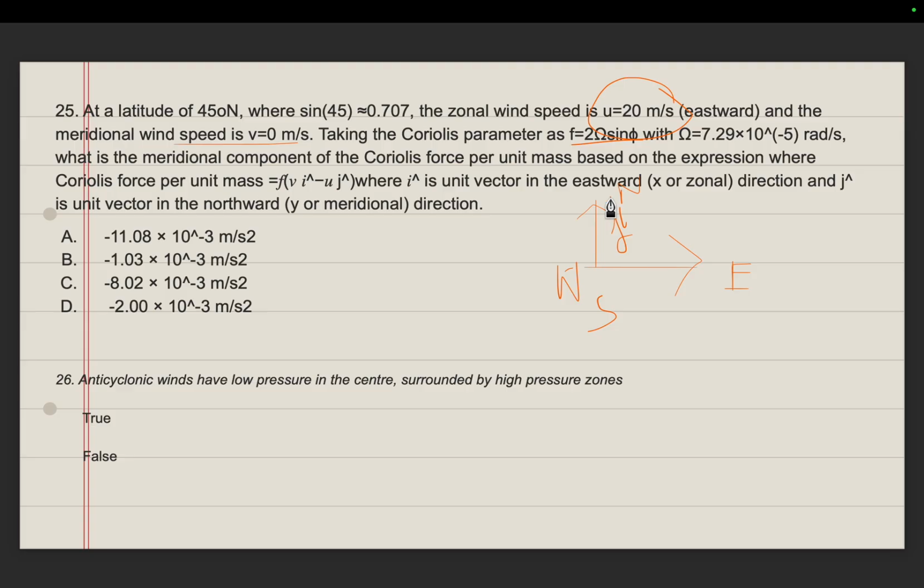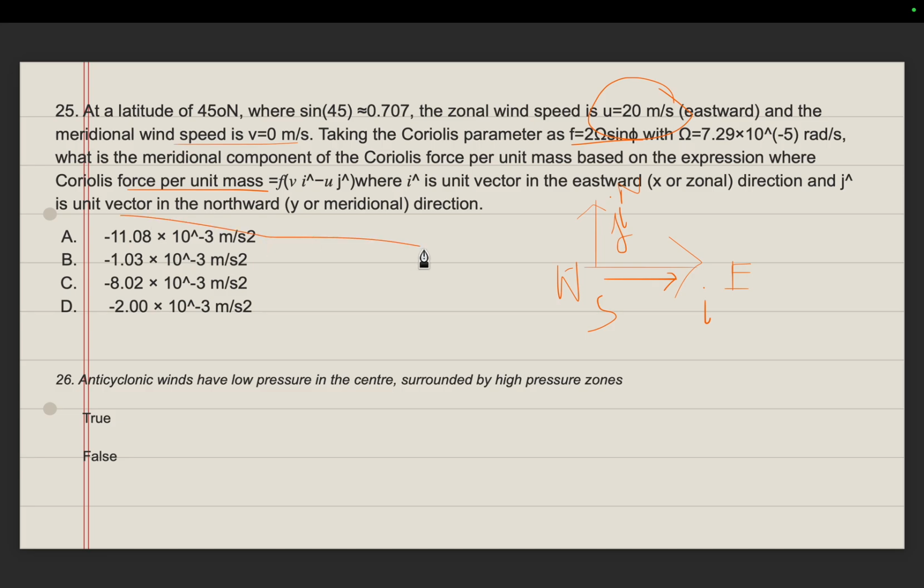This is the j component, this is the i component. Only the meridional component survives here because v equals 0 itself. So the Coriolis force per unit mass in this question is always in the direction from south to north, the meridional plane.